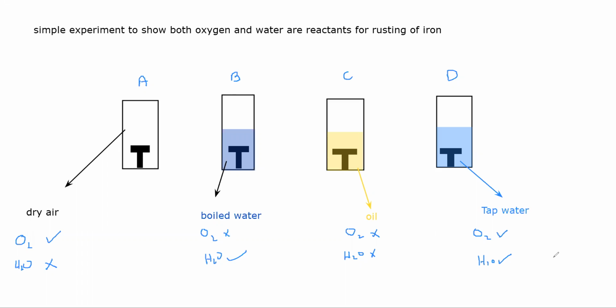And how can we prevent rusting? This simple experiment shows that for rusting of iron, we need both oxygen and water. How can we prevent rusting? Methods to prevent rusting of iron.